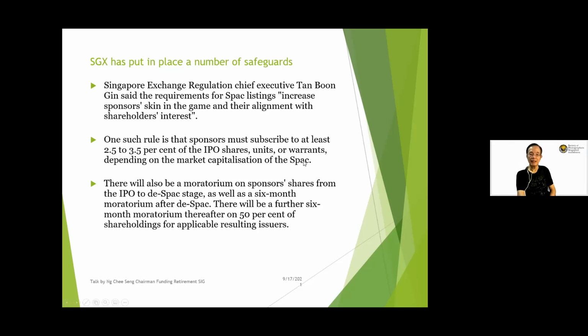That means besides the retail investors and corporate investors buying into the SPAC company, the management team who organize such a SPAC company are also required to commit up to 3.5% of the IPO shares. Right?